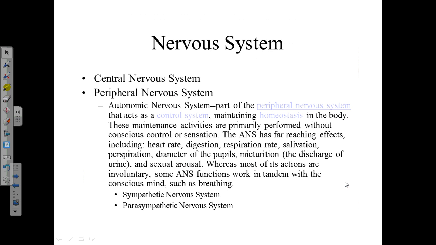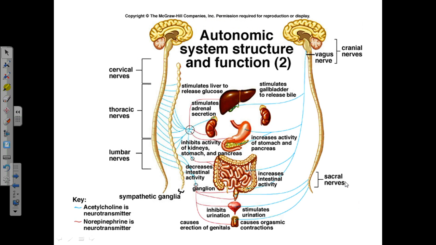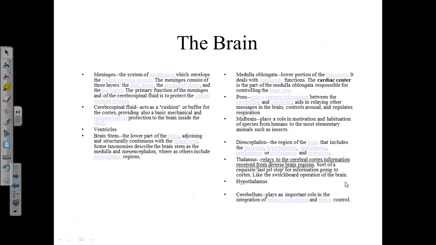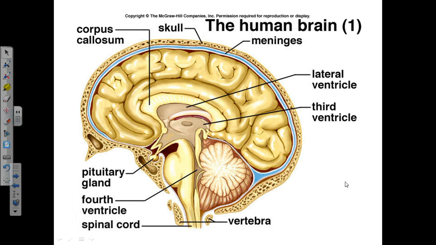Hey, Dr. Dean. Yes, sir. So if reflex arcs don't go through the brain, you're not supposed to be able to consciously control it. Right. So how come some people can stick themselves with a pin and not flinch? Yeah, you may be able to learn to override some of those reflex arcs.